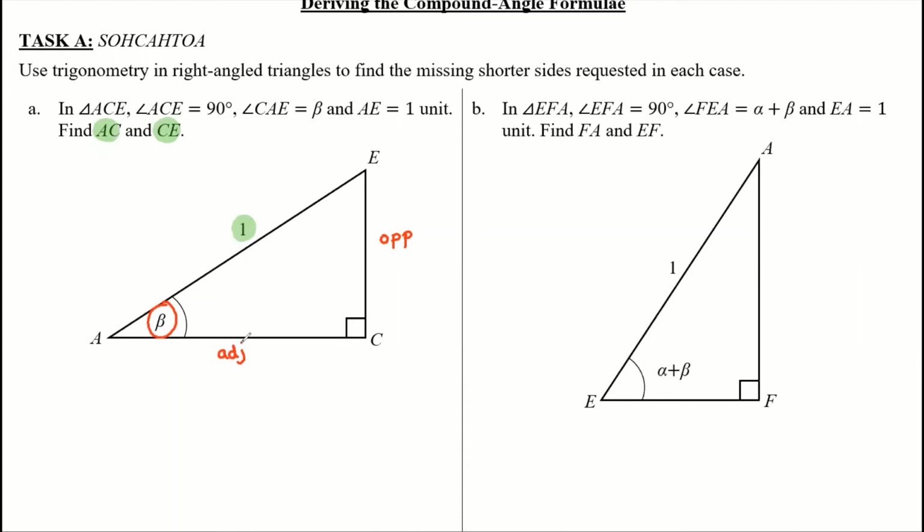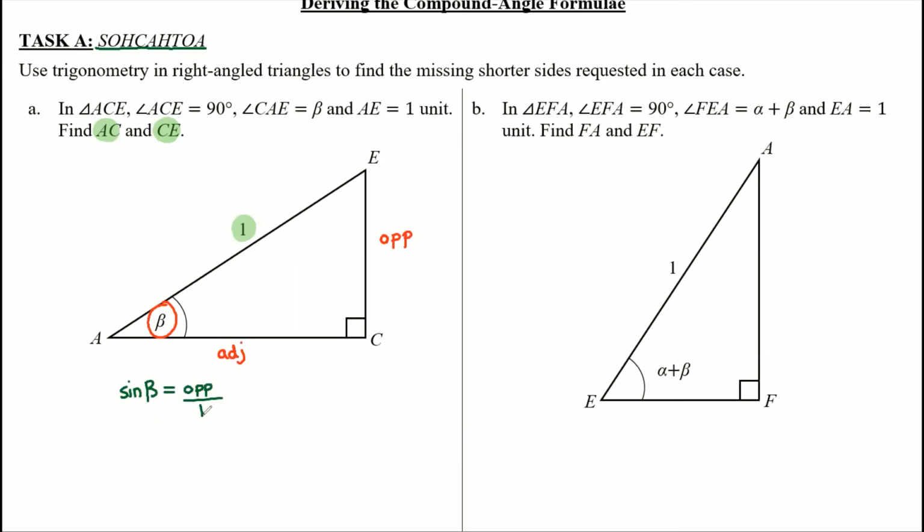If necessary, you can write out the SOHCAHTOA. So if you want to do that, we could say, all right, for the opposite, the sine of beta is just going to be the opposite over the hypotenuse. The hypotenuse has conveniently been chosen to be 1.